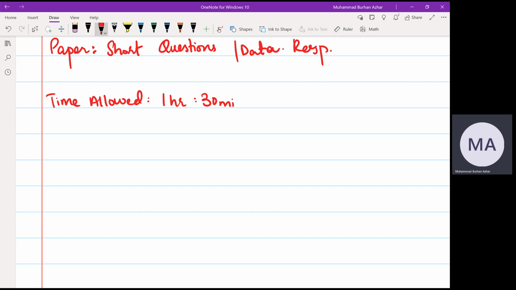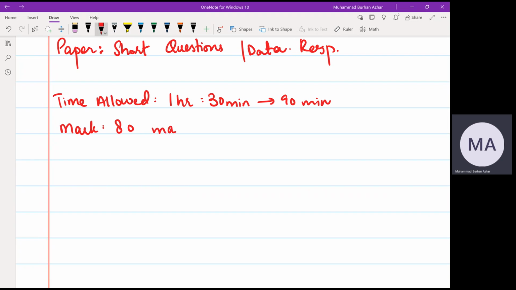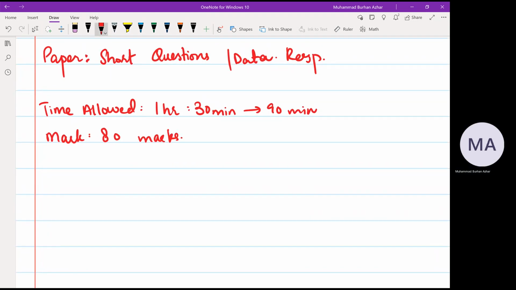So that means के 90 minutes हैं आपके पास for this paper, और marks for this paper are 80. So 80 marks का ये paper है, and आपके component grade के अंदर it is 50% of your grade.